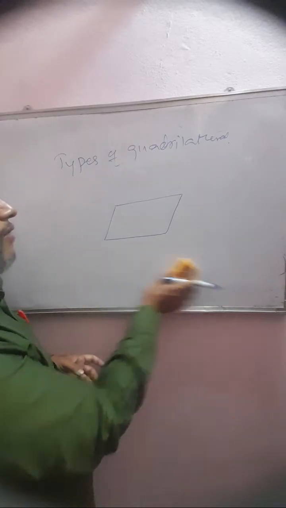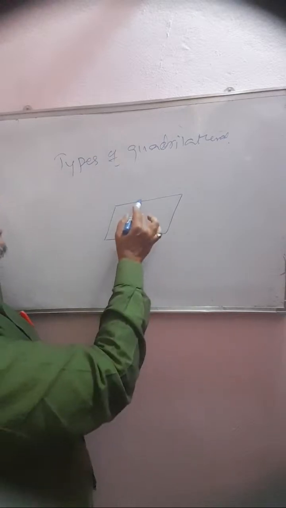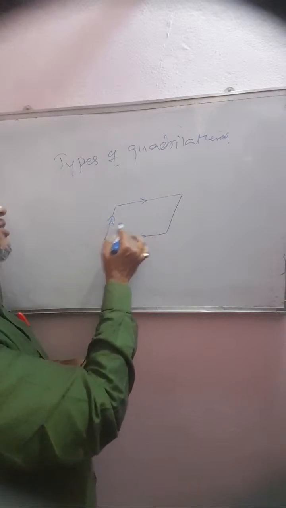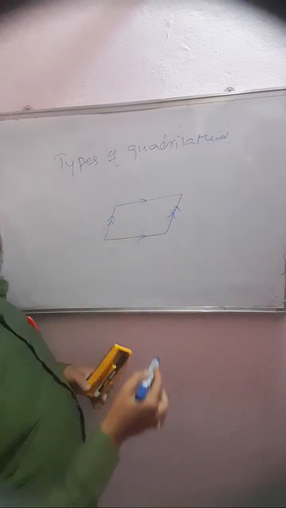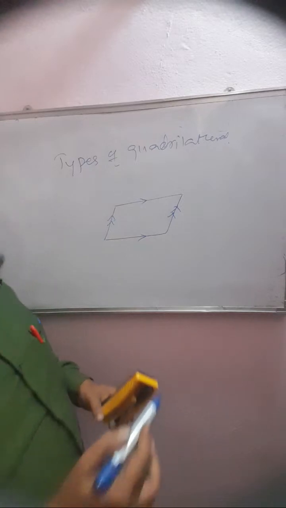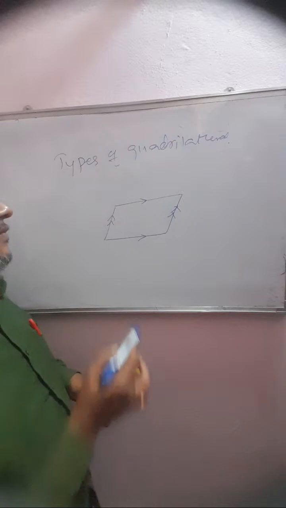So which is called a parallelogram? In a quadrilateral, if two sets of opposite sides are parallel, it is called a parallelogram.